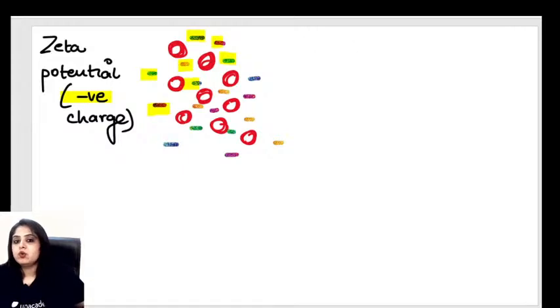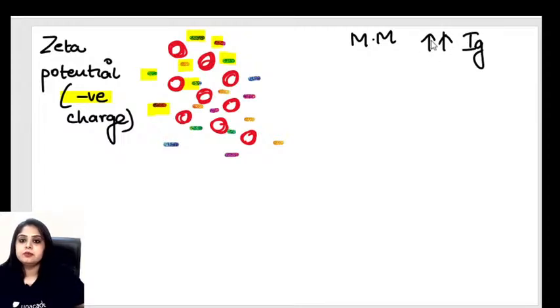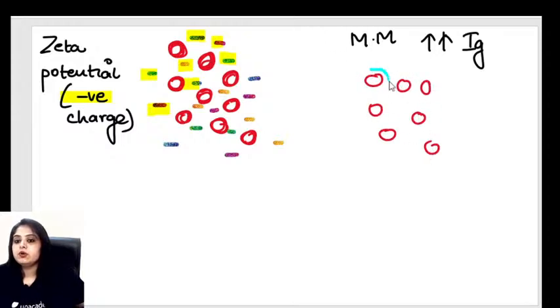But now imagine what happens in a case of multiple myeloma. Do we agree multiple myeloma means lots and lots of antibodies circulating in the blood? So can I say all the red blood cells now will have a coating of antibody around them? They will have lots of coating of antibody around them. So somewhere their negative charge is hidden.